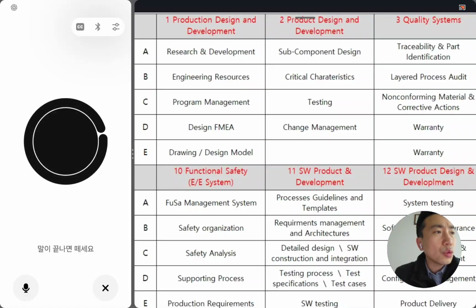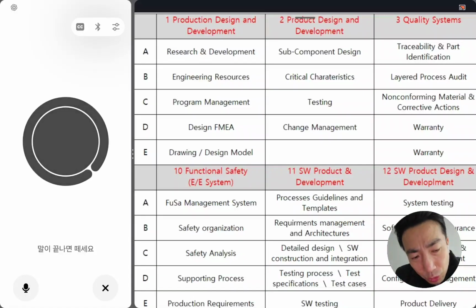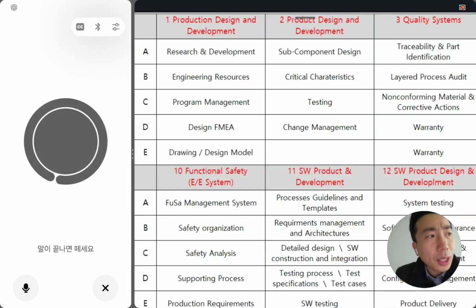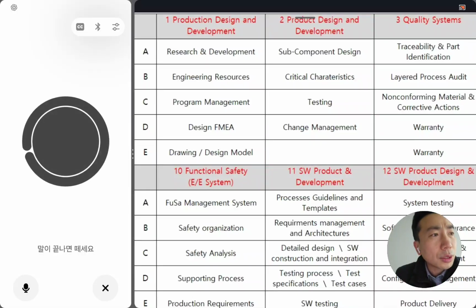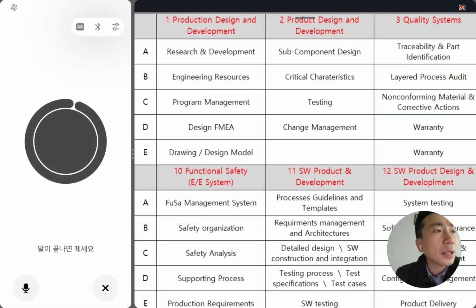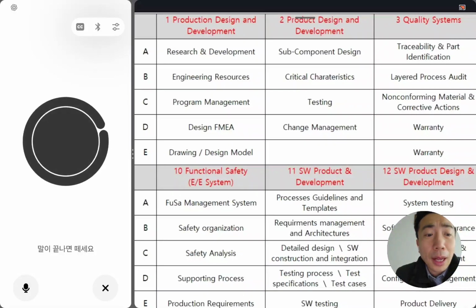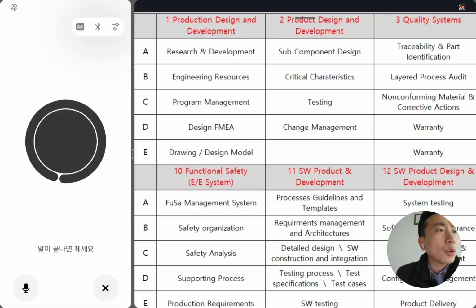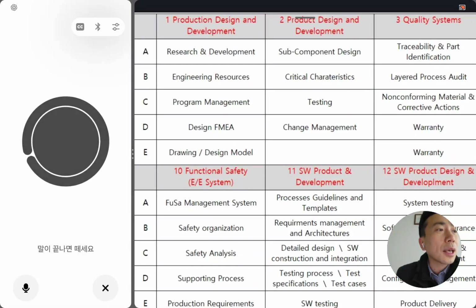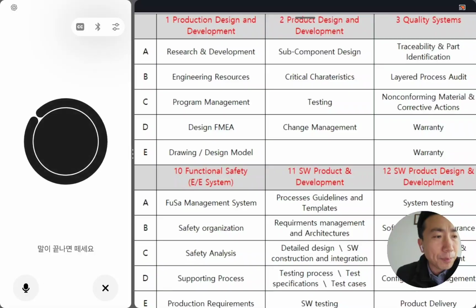How does your company, how does your team define critical characteristics? Number two, what's the difference between special and critical characteristics in your system?